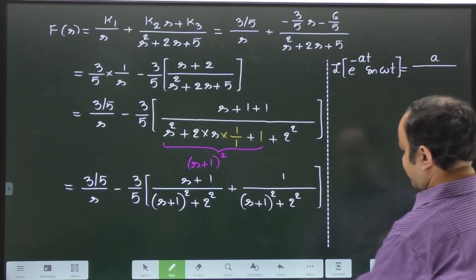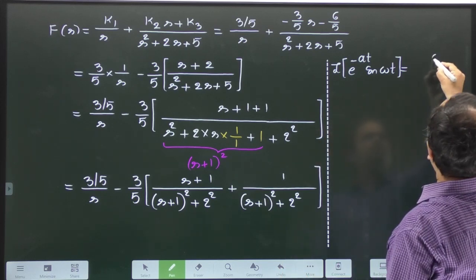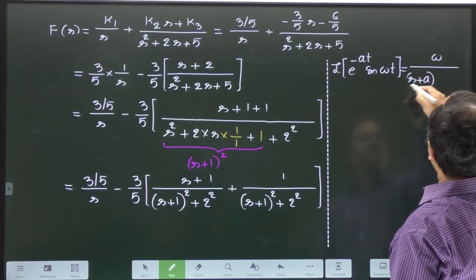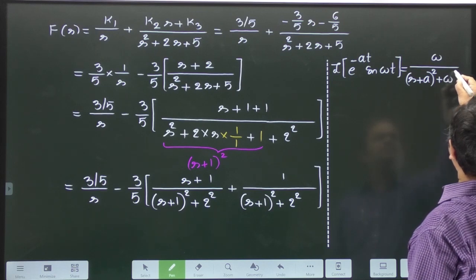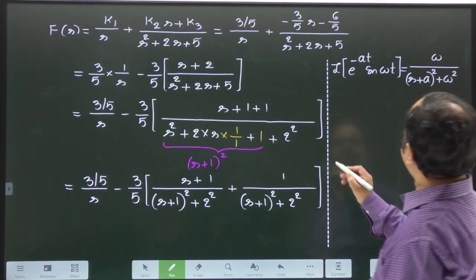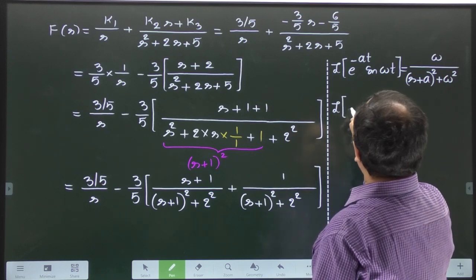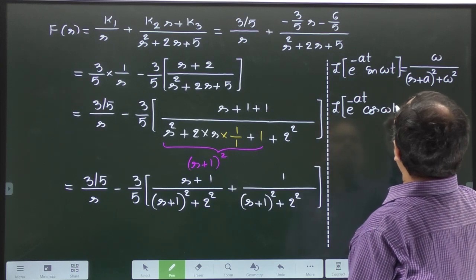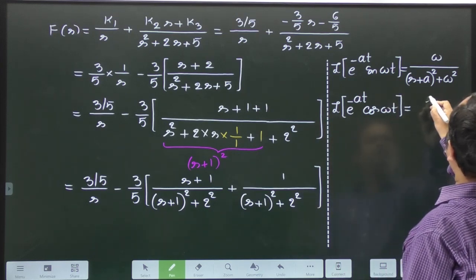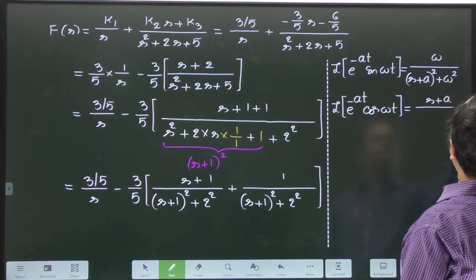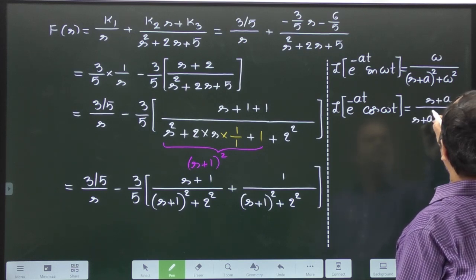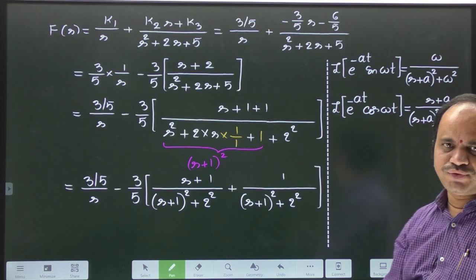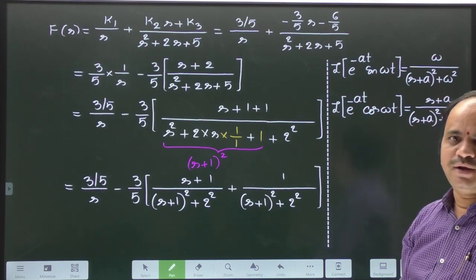Omega divided by s plus a whole square plus omega square. Similarly, Laplace transform of e power minus at cos omega t. What is this one? S plus a divided by s plus a whole square plus omega square, right?